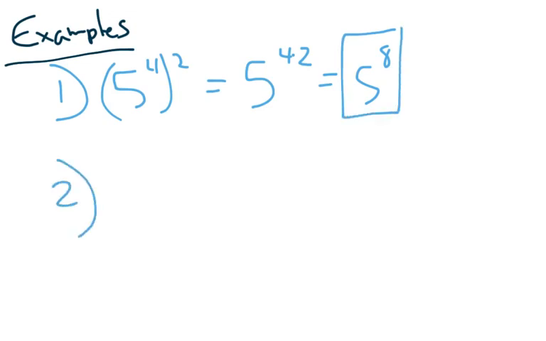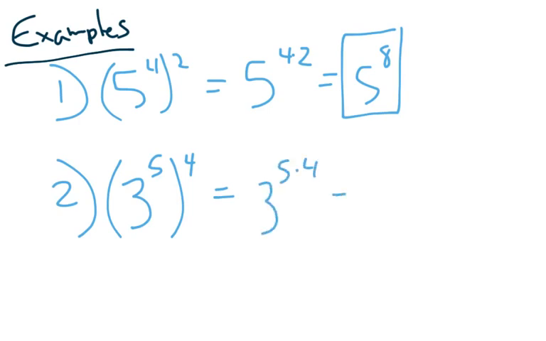Likewise, if we had something like 3 to the 5th, all that raised to the 4th power, that is 3 to the 5 times 4, which is 3, oops, to the 20th. And so that's the power rule.